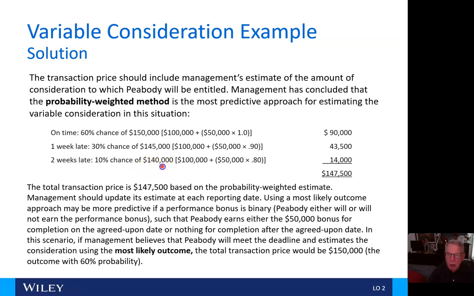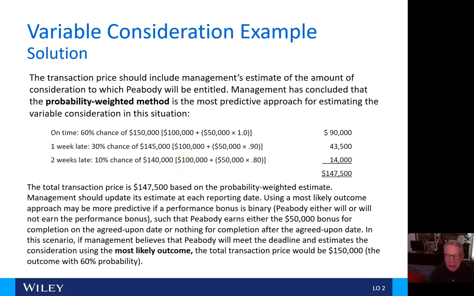So we're going to take this 140,000 times 10%. That'll give us 14,000. We add it all up, and it comes out to $147,500 based on the probability weighted estimate. Management should update its estimate at each reporting date.